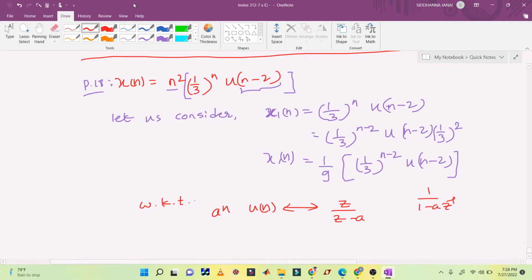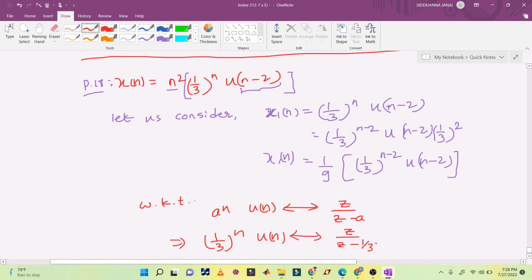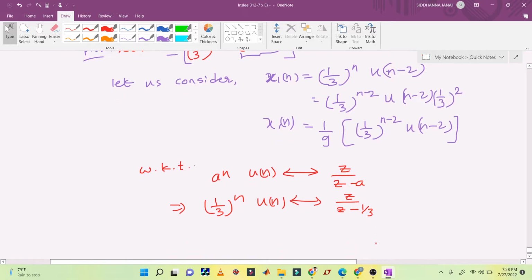Both are same only. Correct? So similarly this implies 1 by 3 to the power n u of n will give us z divided by z minus 1 by 3. Correct?